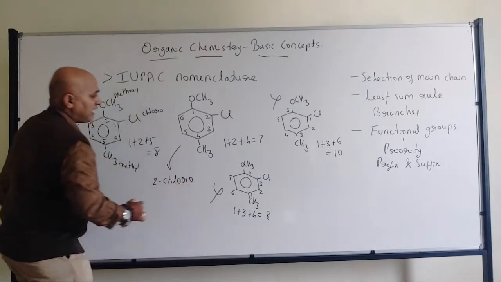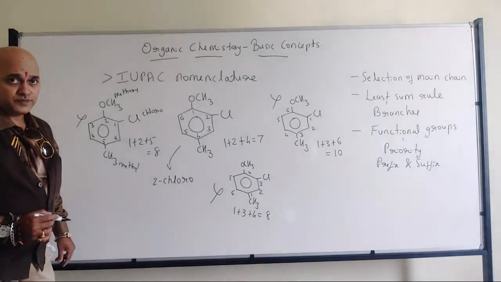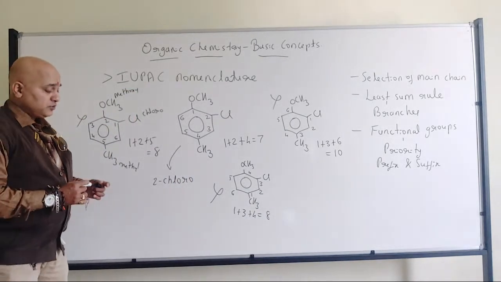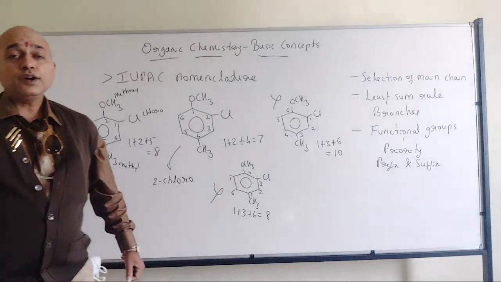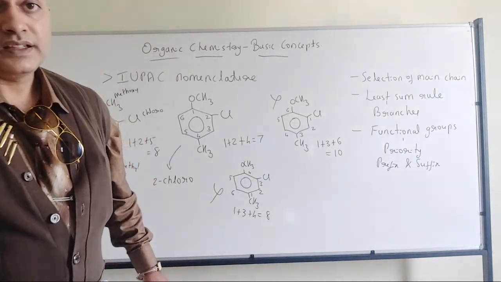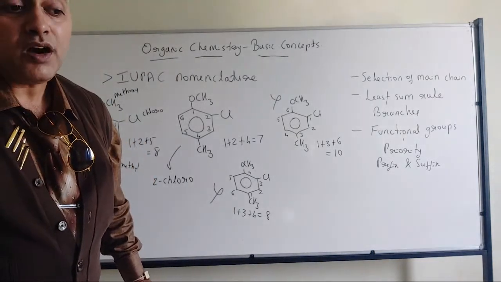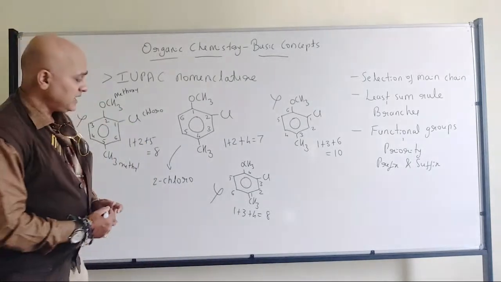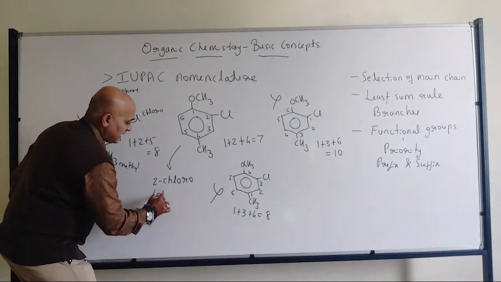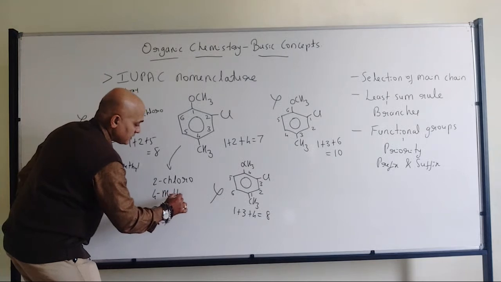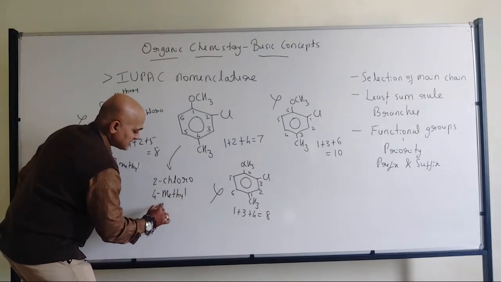First we should write alphabetically: 2-chloro, then 4-methyl, methoxybenzene.